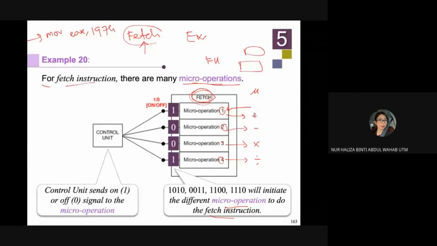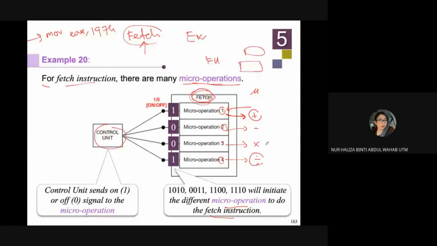If let's say you have 1010, this one 1001, what you're going to enable on your control unit is only the operations for addition and also division.